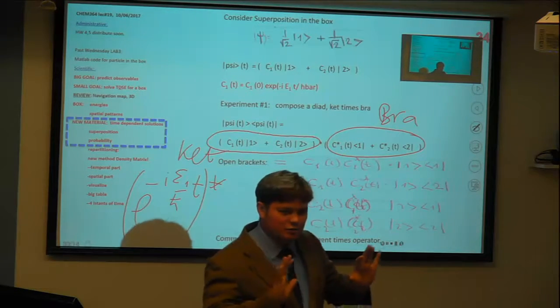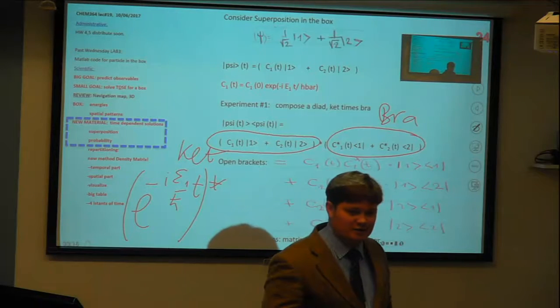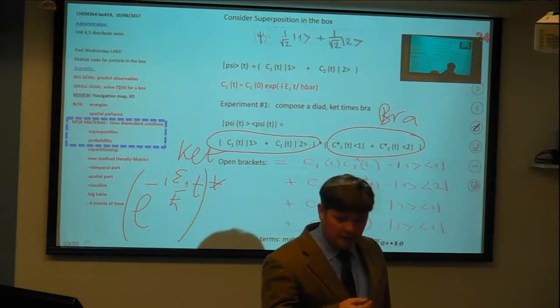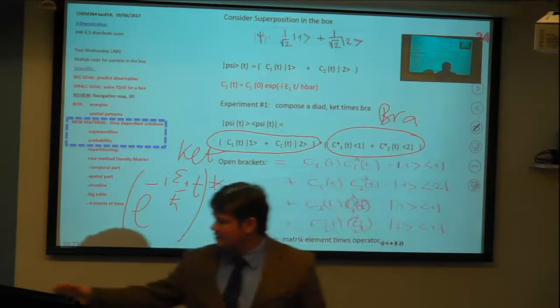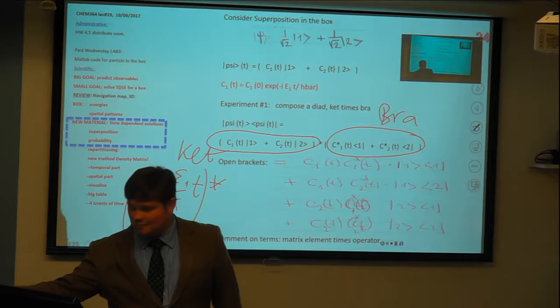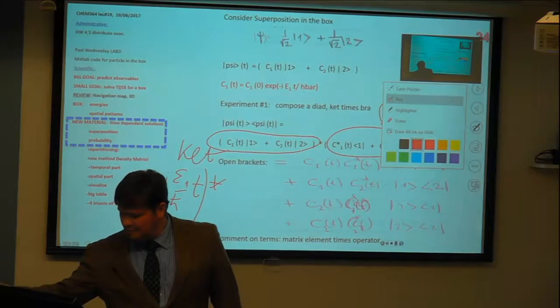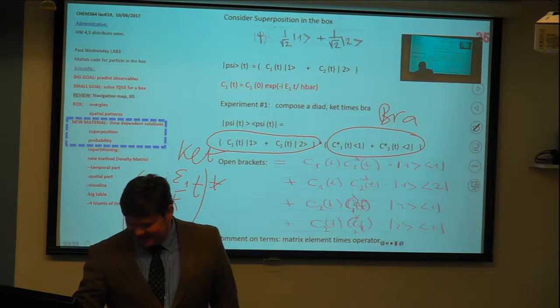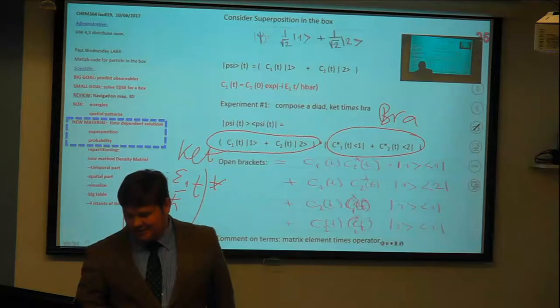Complex conjugation of evolution, of propagation forward in time. So conjugation means flip the sign in front of which thing? I. Yes. Flip the sign in front of i.